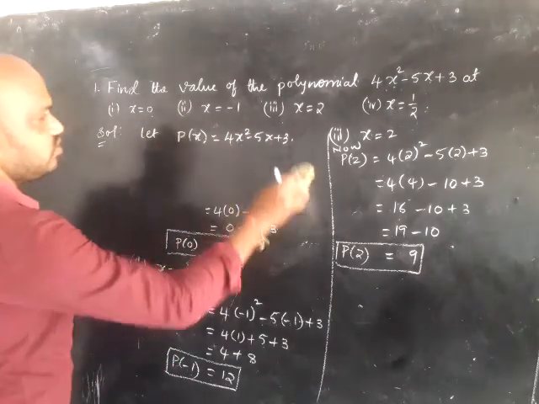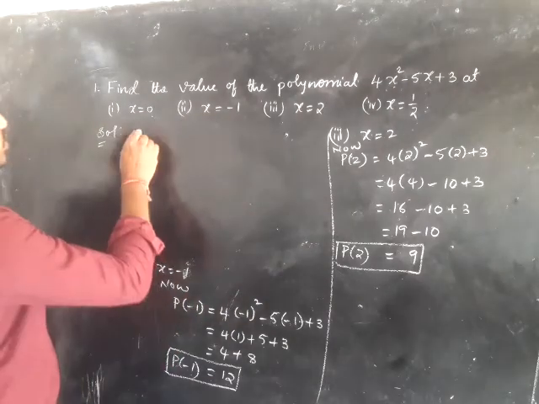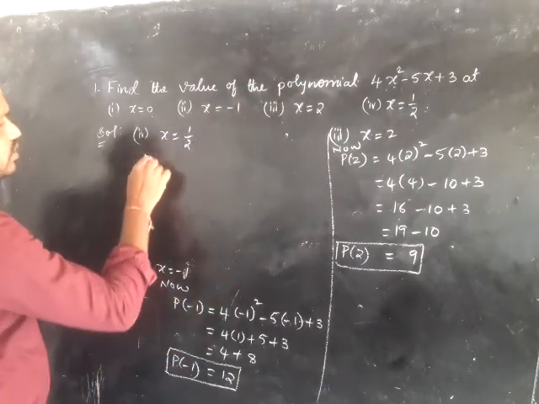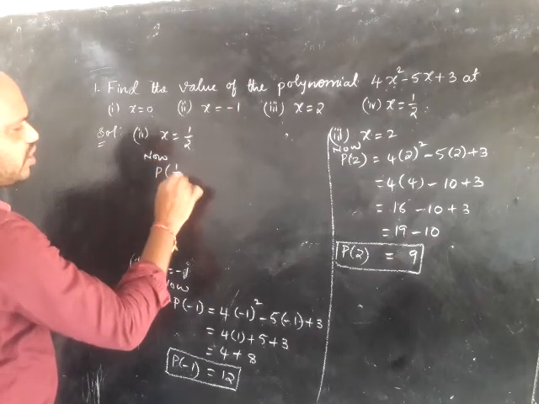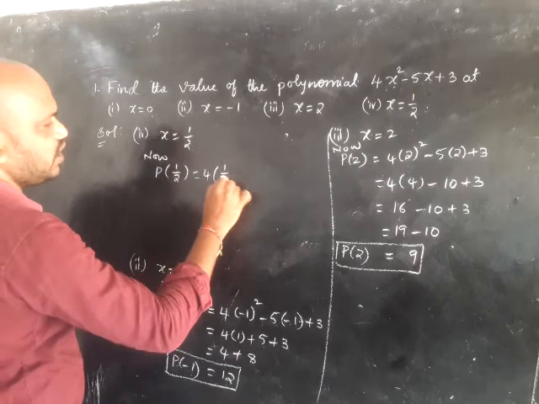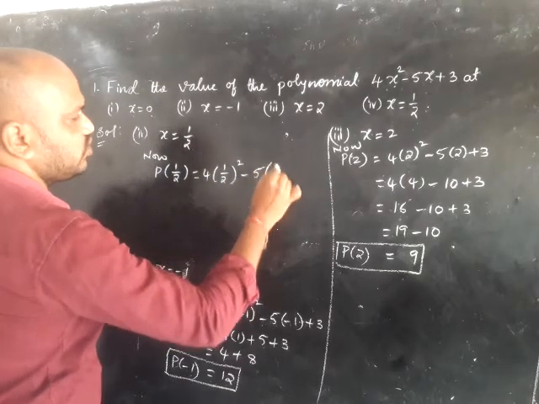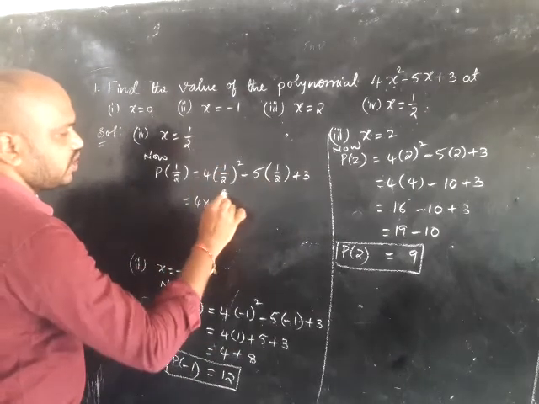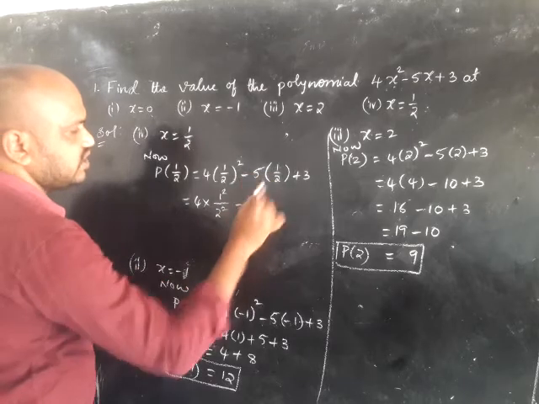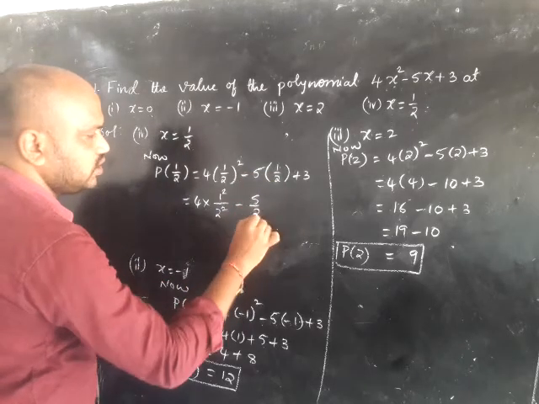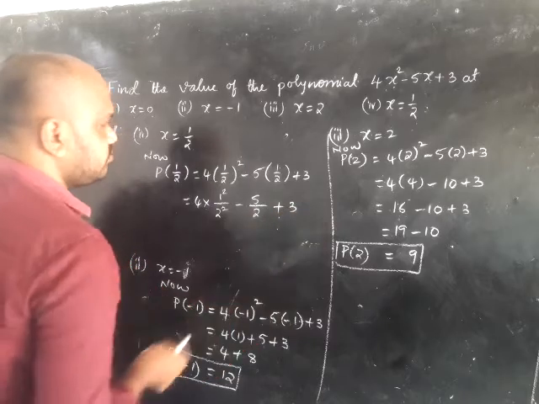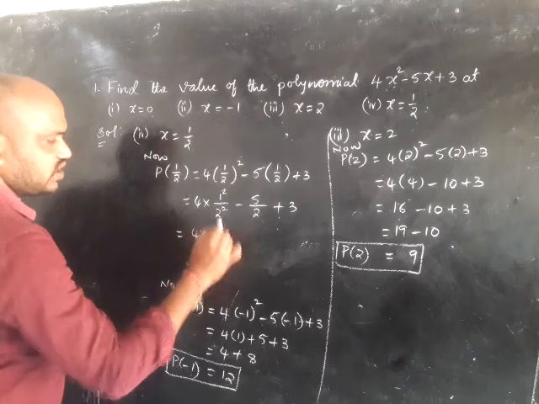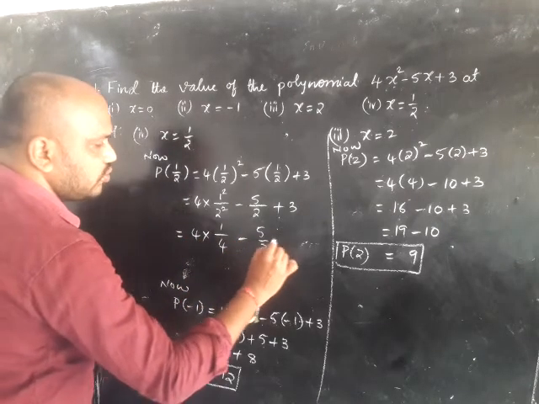So now the fourth one, at x = 1/2, in place of x replace with 1/2. p(1/2) is equal to 4 into (1/2)² − 5 into 1/2 + 3. 4 into 1², separate 2², minus 5 ones are 5 by 2, plus 3. Now 1² is 1, 2² is 4, minus 5/2 plus 3.